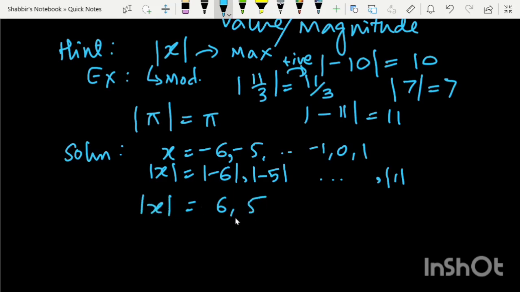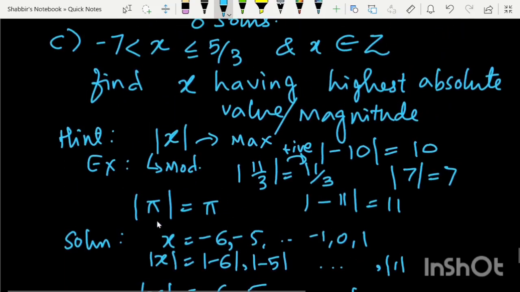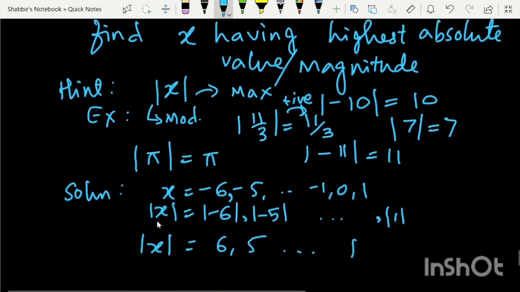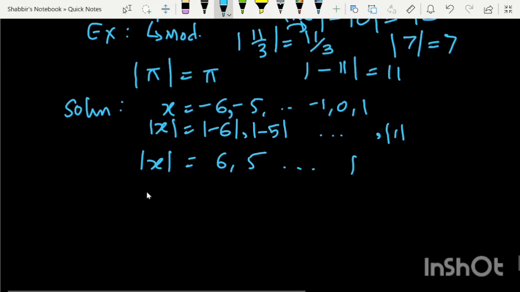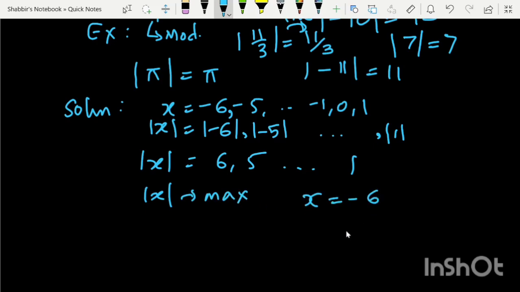So the maximum is, as you can see, for finding x having the highest absolute value, x is minus 6, because minus 6 mod came out to be 6, which is the maximum of all the numbers given in the question.